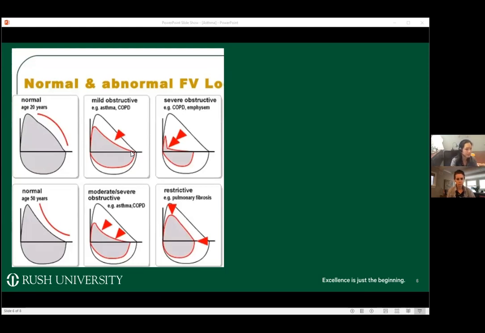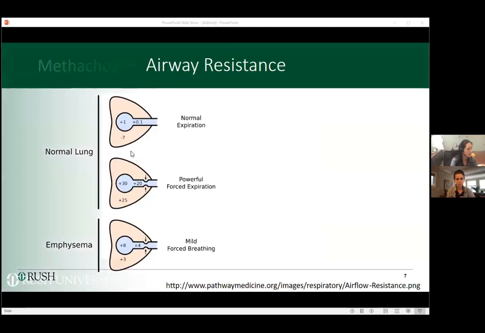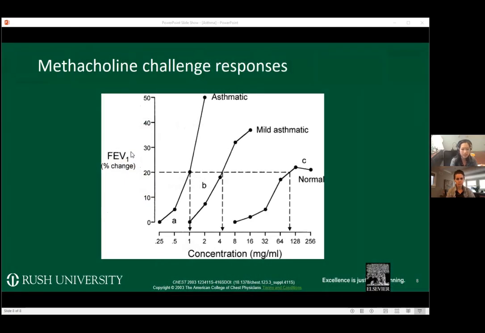And by definition, with the methacholine challenge, we're looking for a decrease in the absolute percentage of FEV1 by 20%. So let's say your FEV1 at baseline is 100%, and we give you this medication and we trigger it and we want to drop it to 80%.